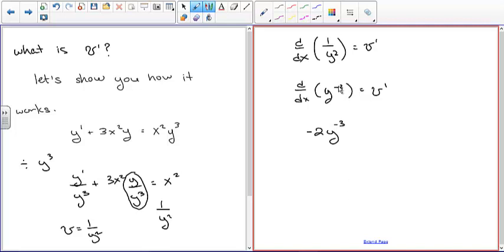So we reduce this by 1, we make it one more negative. And then you multiply by y prime because it's implicit differentiation. Now, after I've taken this derivative, I'm going to move this back to the denominator. And I'm going to divide both sides by -2.